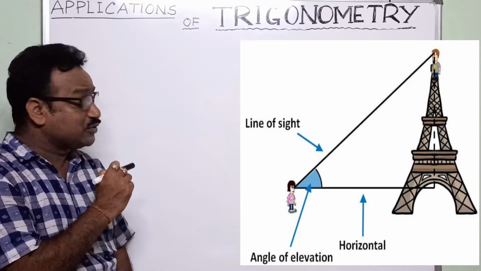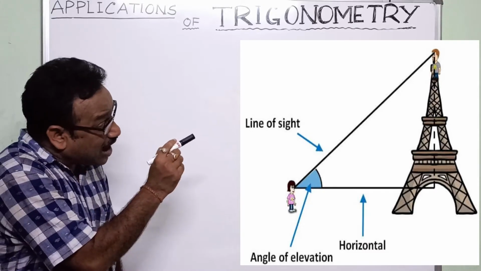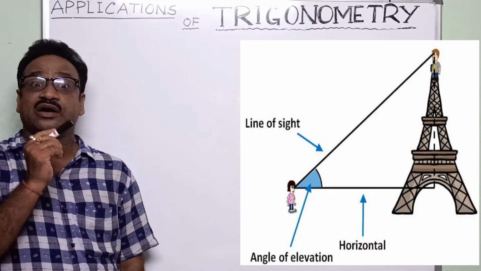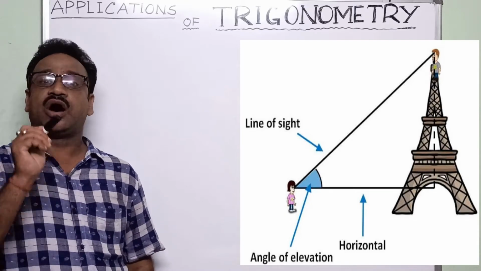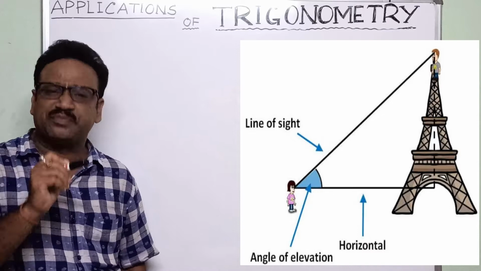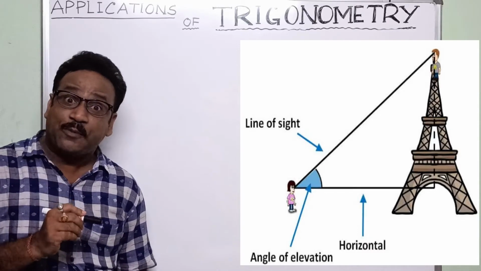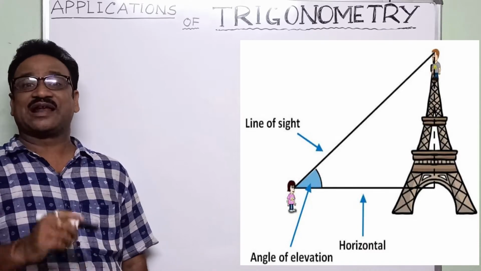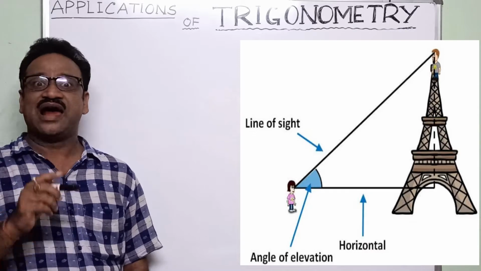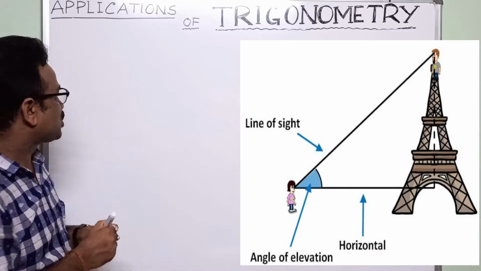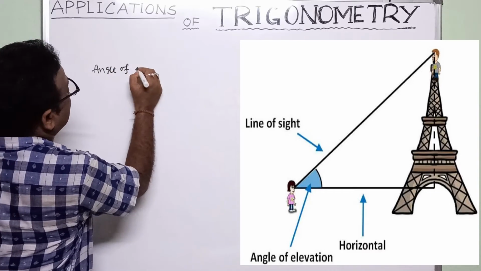Now the line which joins the eye of the girl and the tower horizontally. Horizontal means parallel to the base, so that is called the horizontal line, or simply horizontal. Now the angle formed between the line of sight and the horizontal line is called the angle of elevation.